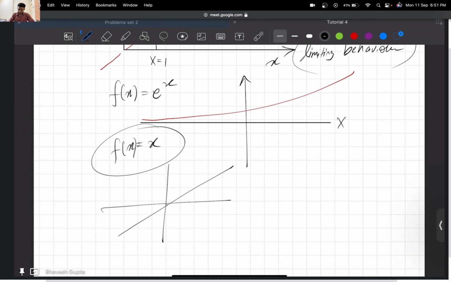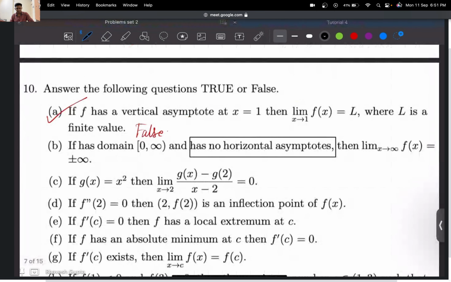So yes, this particular thing is true. This might go to any value, plus or minus. But the idea is that the plus or minus will be together. It depends on the function we choose. That's the idea.